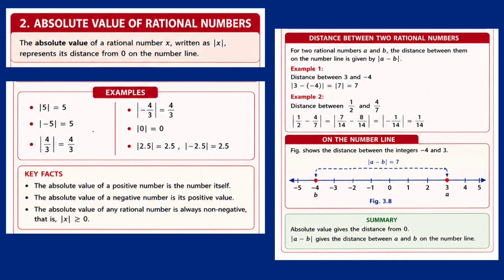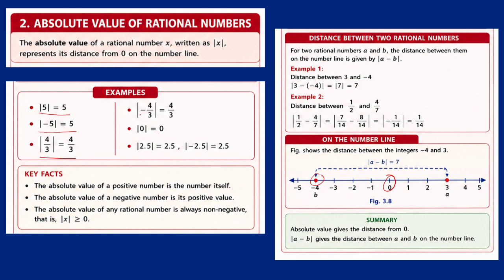Absolute value of rational numbers. Since absolute values are the distance of any point from the center 0, they represent distances and hence can't be negative, and they are written within this symbol. Absolute value of 5 is 5. Absolute value of -5 is also positive 5. Absolute value of a positive fraction 4/3 is 4/3.